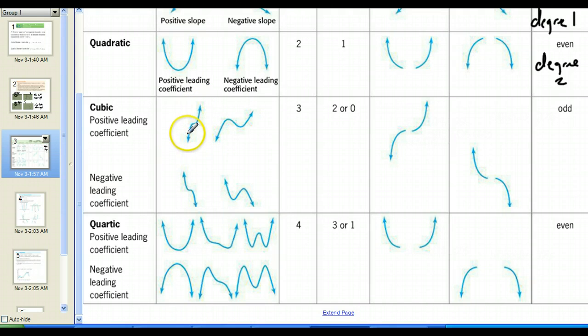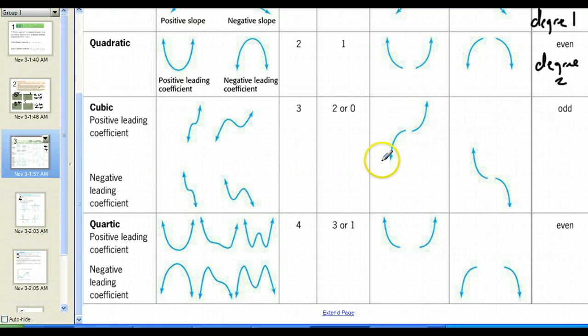With cubics, if they have positive leading coefficients, we can have just a single, not really a change of direction, just a slow turn and then it turns back the other way, or we can have almost a U-turn, and then it turns back again, a second U-turn. And if it's a negative leading coefficient, notice it's going to go back down the other way.